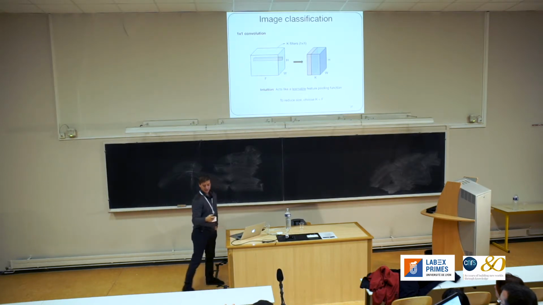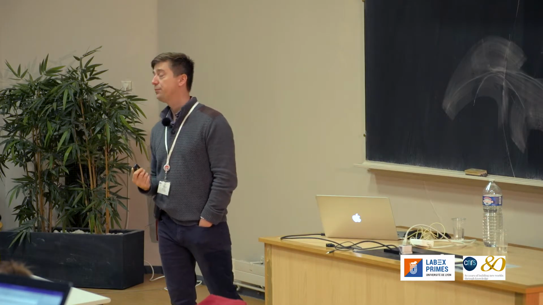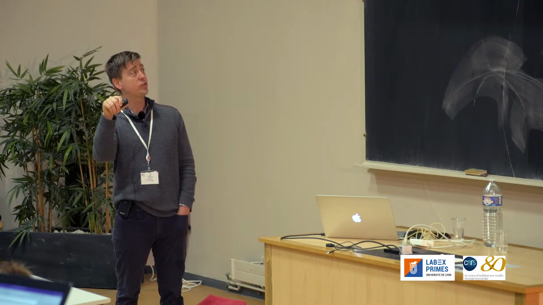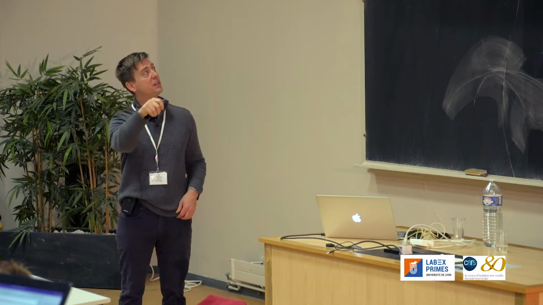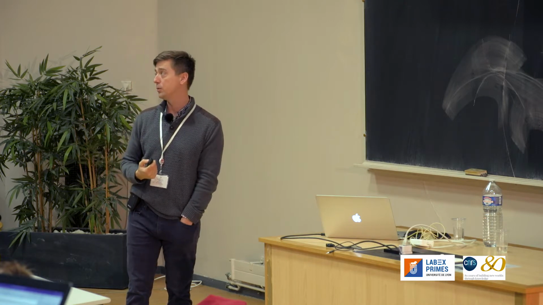What it does is simply take all the features for a specific pixel, or channels, call it what you want, and at the same location produce another feature vector, whose size is proportional to the number of filters. Of course, if we choose a number of filters smaller than the feature size we had initially, then we can reduce significantly. So we get something that has the same width and height, but the depth is much smaller.